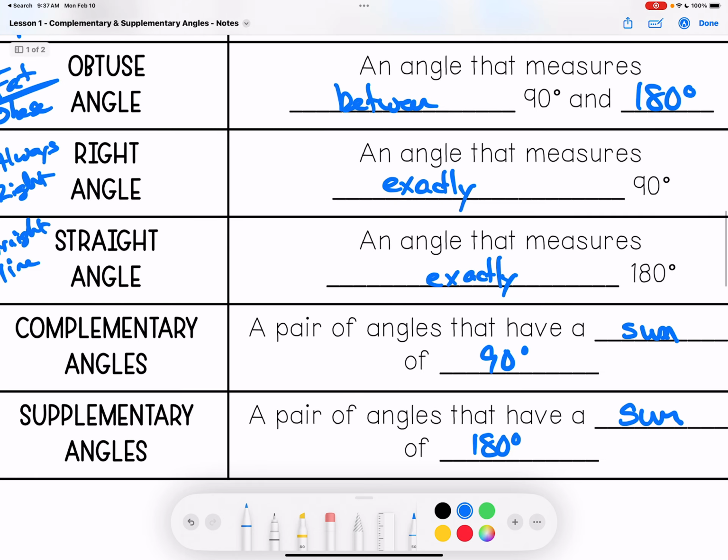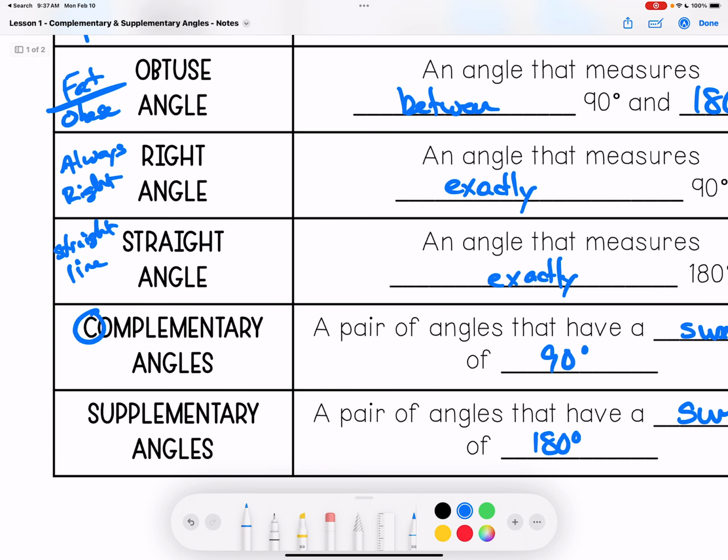How can I remember that first? C becomes before S in the alphabet. So C is 90 degrees and supplementary is 180.